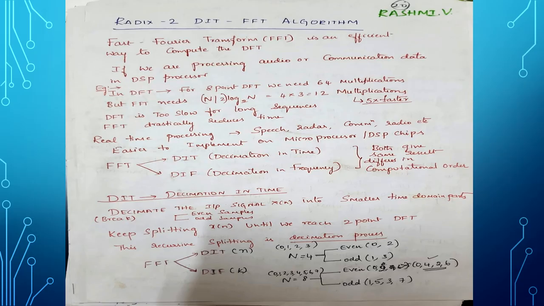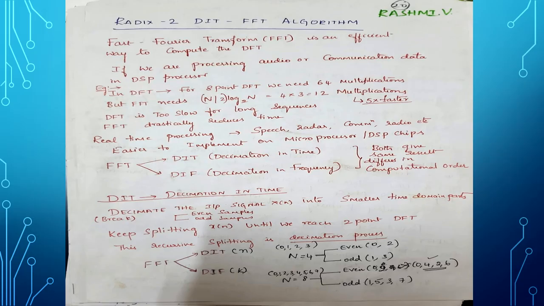These even and odd samples keep on splitting until they reach the 2-point DFT, the small block. This recursive splitting in the decimation process is the FFT, fast Fourier transform.